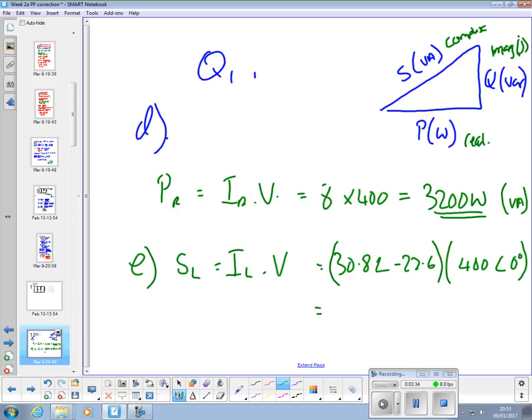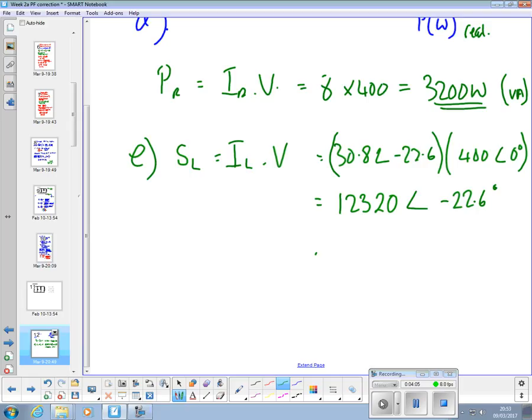The result of which, if you just do that for me, because I've done it in a slightly different way on here, is 12,320 angle minus 22.6 degrees. And that, people, is VA.